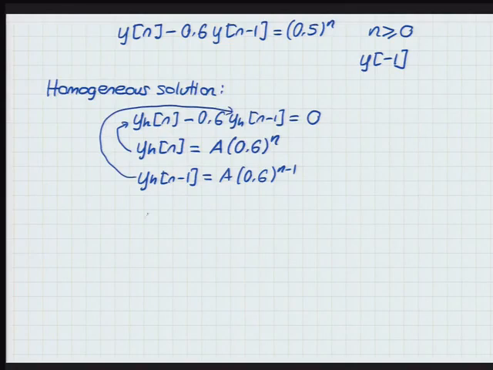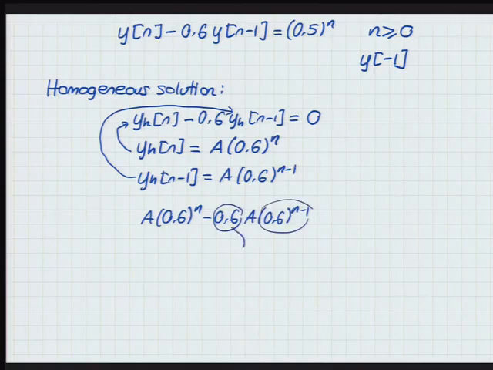You get a 0.6 to the n minus 0.6 times the other term, yh of n minus 1, which is this, right? Because 0.6 is multiplying this, together they'll give you 0.6 to the n, so it will cancel and it will be 0, right?